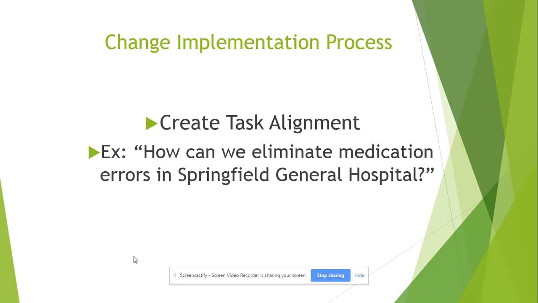They redefine the roles, the responsibilities, and the relationships of the people involved in this change. Moreover, when you create a task alignment, employees are motivated and engage in behavioral change. And this builds commitment, which is essential to the change process.